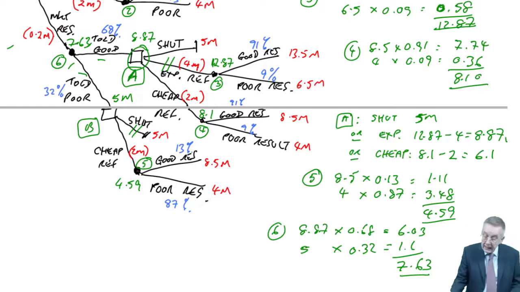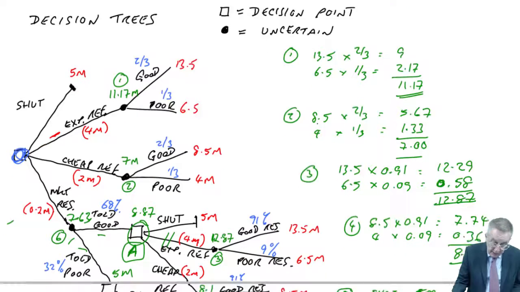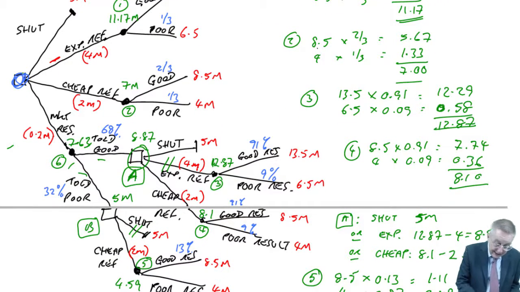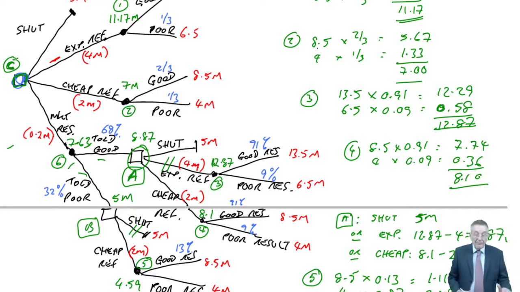Now, finally, we can go back to our first decision, which I'll label C. Now I can decide which of the four things to do. Let's list them.